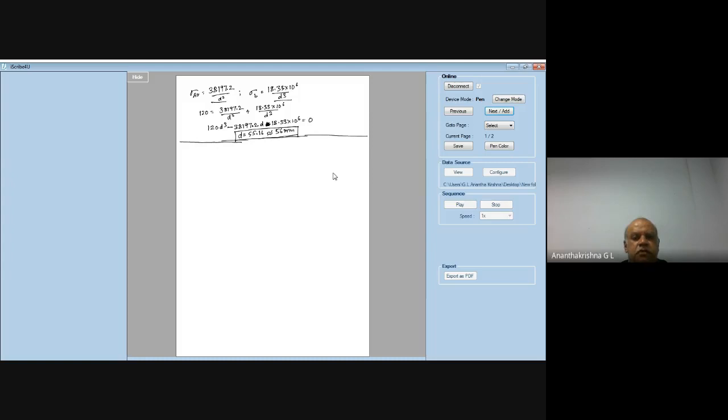First up, determine the maximum tensile and maximum shear stress. Please note down the sketch.